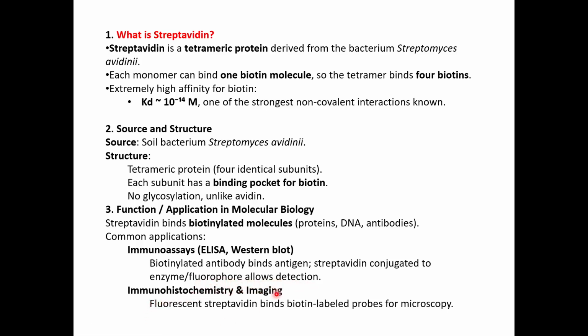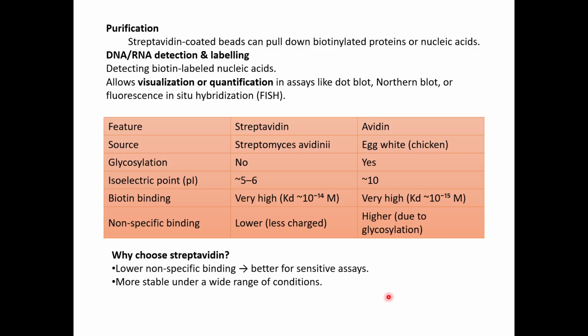Then, in the case of IHC and imaging, fluorescent streptavidin binds to biotin-labeled probes for microscopy. For purification, streptavidin can be coated onto beads and used to pull down biotinylated proteins or nucleic acids.